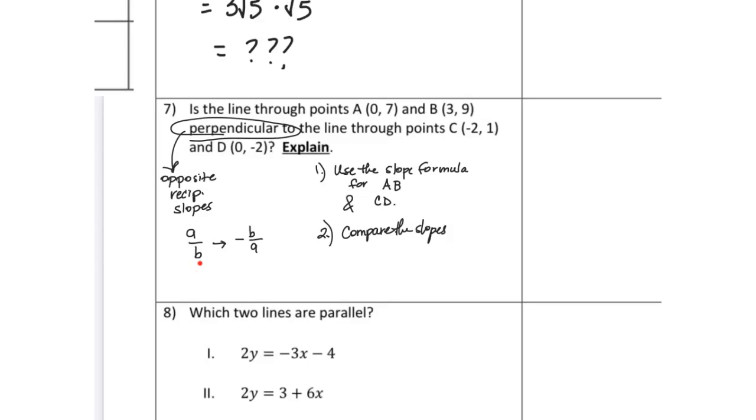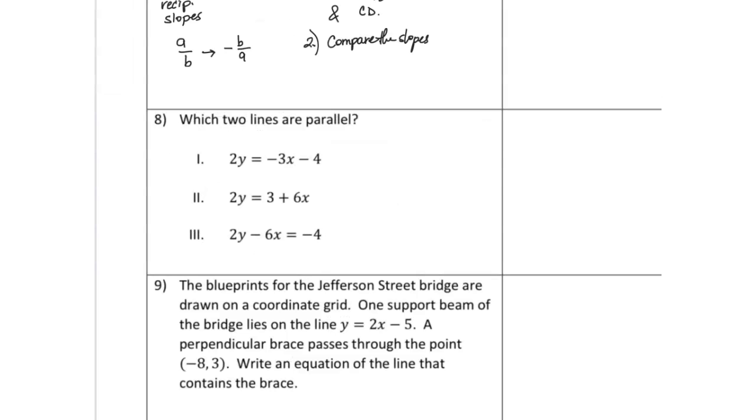If those slopes are opposite reciprocals, meaning that they have this pattern, then it is perpendicular. If not, then it's not perpendicular. For number 8, we have 3 different lines, and we're asked which 2 lines are parallel. So once again, noting your keyword parallel. Parallel means that we have the same slope.